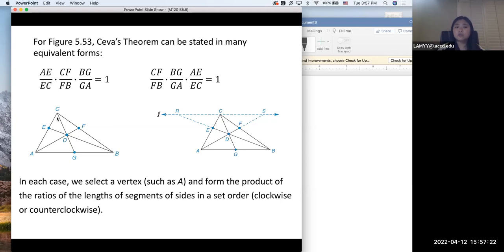Or you could start with the vertex C here. So CF over FB times BG over GA, also clockwise. Or you could do counterclockwise. Okay, doing the same thing. Counterclockwise, multiply each part here. That's it.